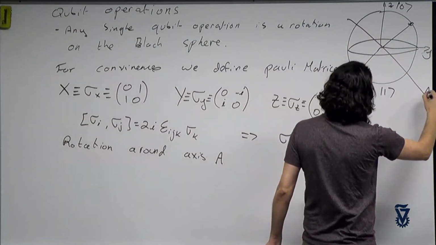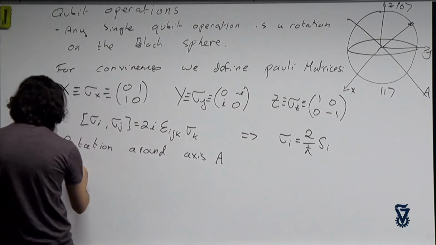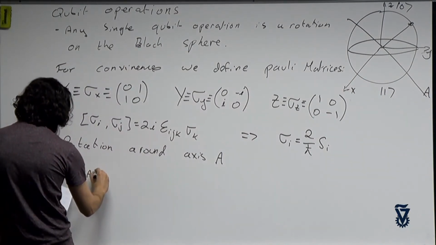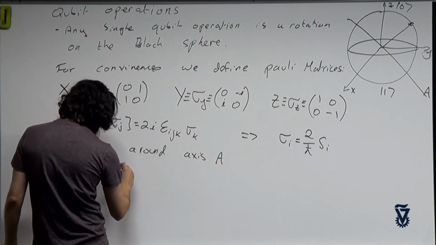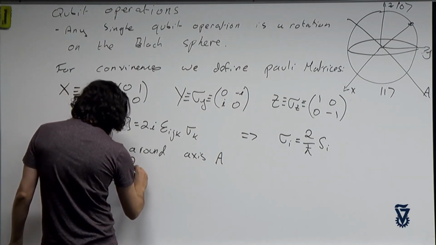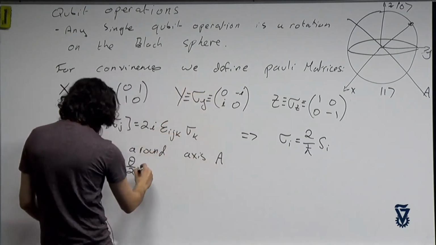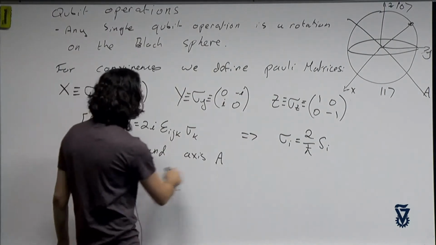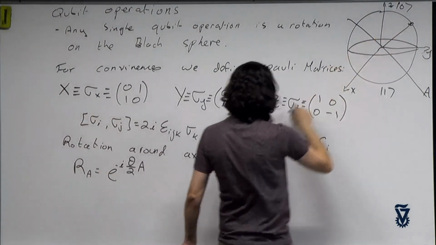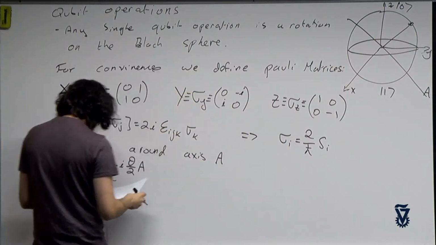This will be the A axis. A rotation around this axis, R_A, is just the operation e to the minus i theta over 2 times sigma_A, where theta is the angle of rotation. If you're rotating around the z-axis, this would be sigma z, and likewise for x, y, and so on.